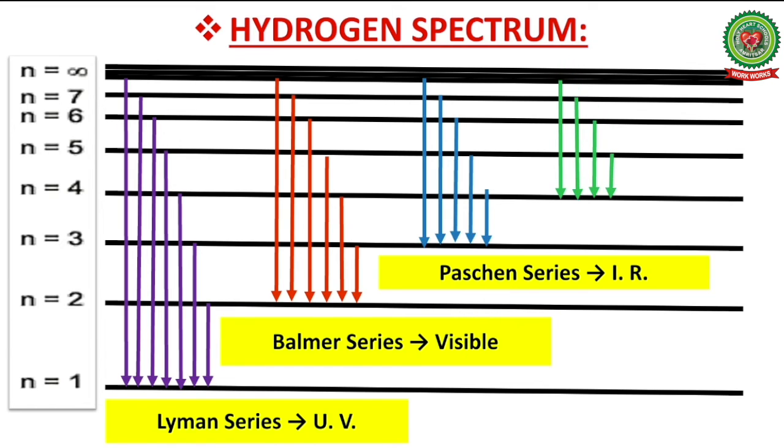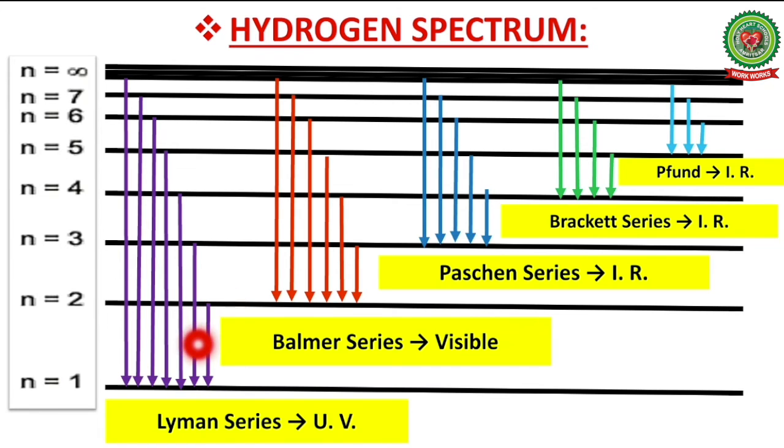If the excited electrons come to n equals 4, the series is known as the Brackett series, and it also lies in the infrared region, in the middle of the infrared. The last one is the Pfund series, which lies in the far infrared region, away from the visible spectrum. So this is how the hydrogen spectrum looks.